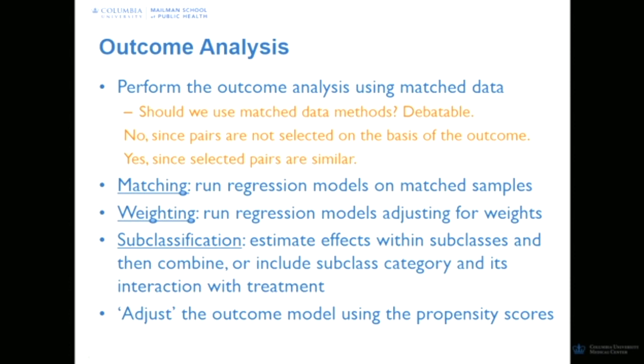Weighting, if you use any weights. In subclassification, again, you can analyze your outcomes in each group that you had, or you can also include the subclass category in the model and an interaction with treatment.